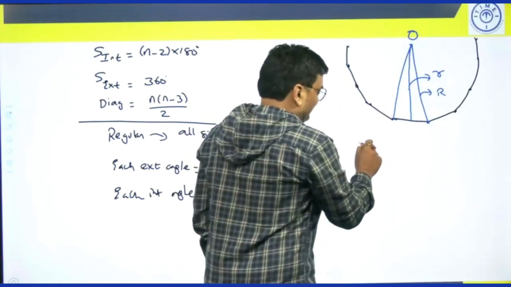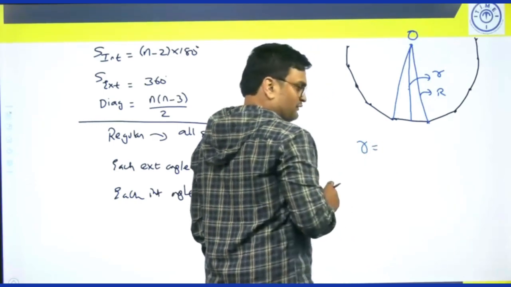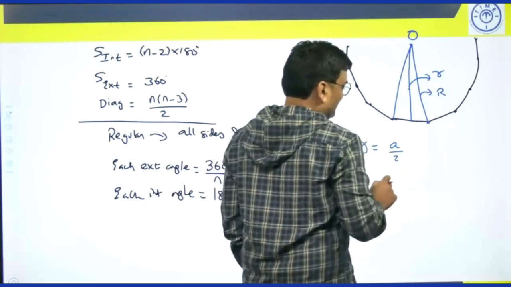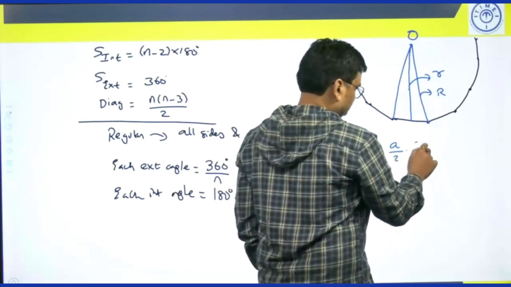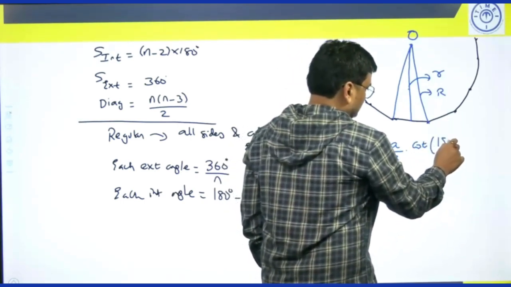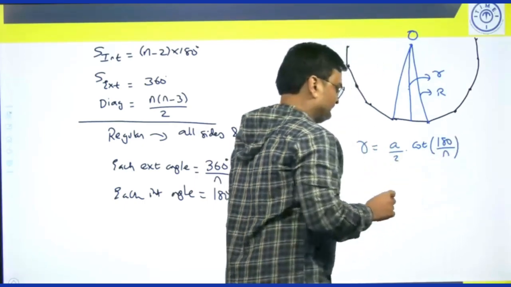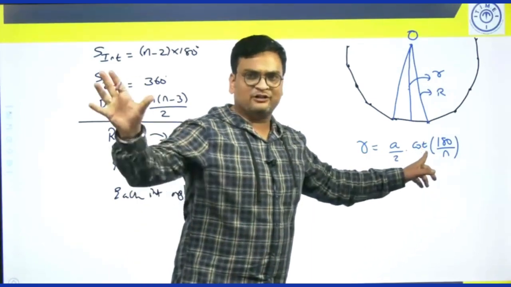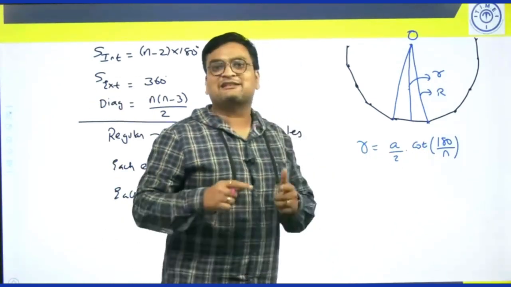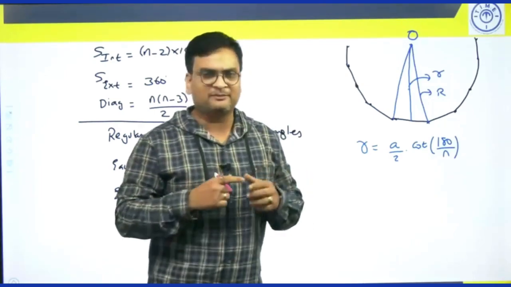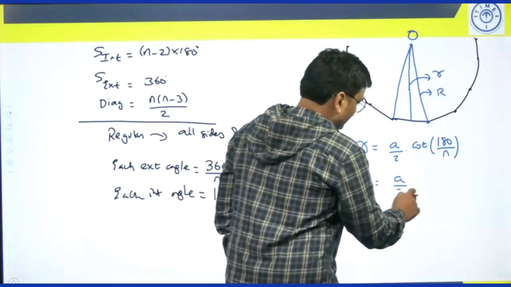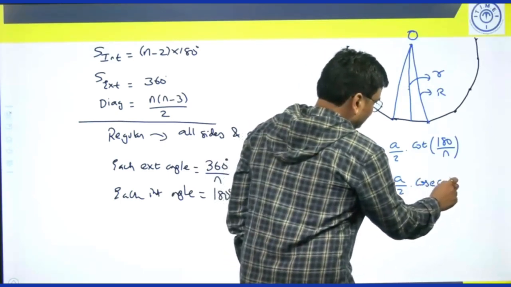One of the formulas is for the length of the inradius. The inradius is equal to a by 2 into cot(180 degrees by n). n is the number of sides, cot is the trigonometric ratio, and a is the side length of the regular polygon. The circumradius, capital R, is a by 2 into cosec(180 by n).